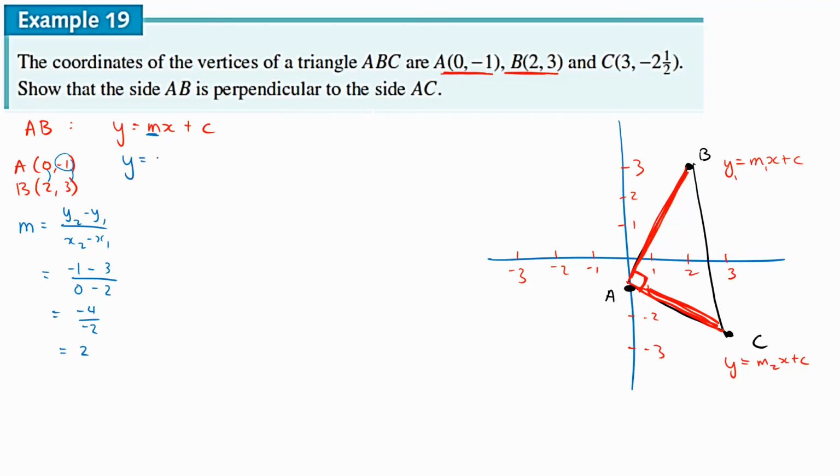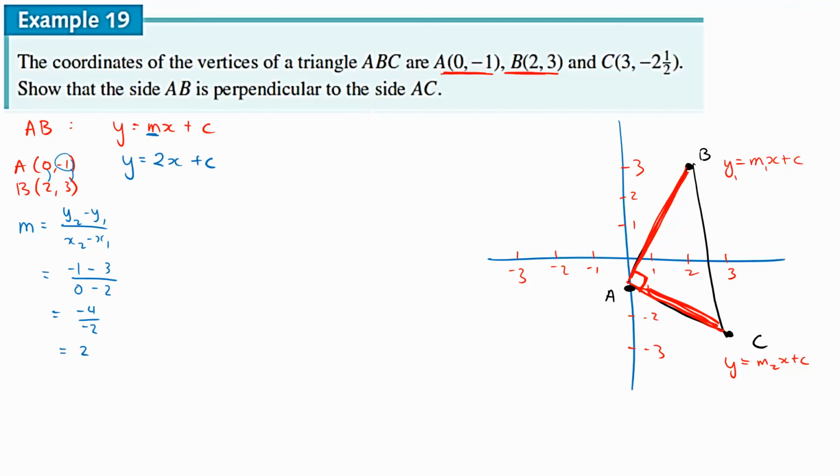I now know y equals 2x plus c. I don't know what c is, and the only way to find out is I need a point. They've already given you a point. You've got either (0, -1) or (2, 3), because those are the points on AB. So you choose any one of them. I'd probably choose A because it's the easiest one.